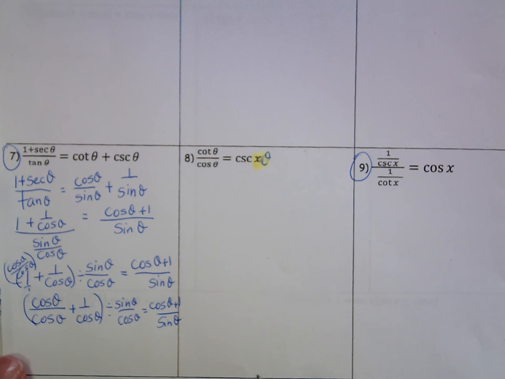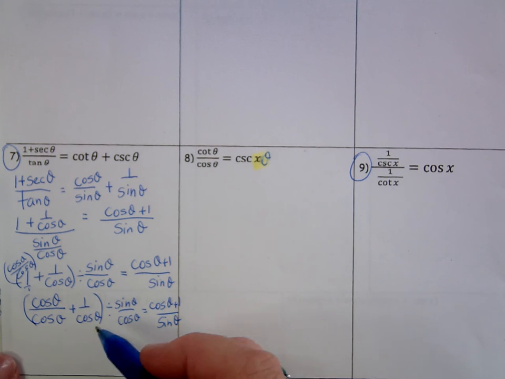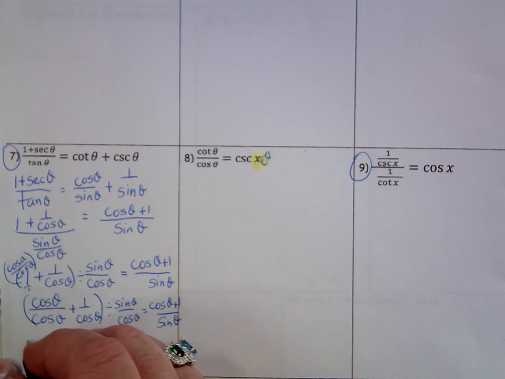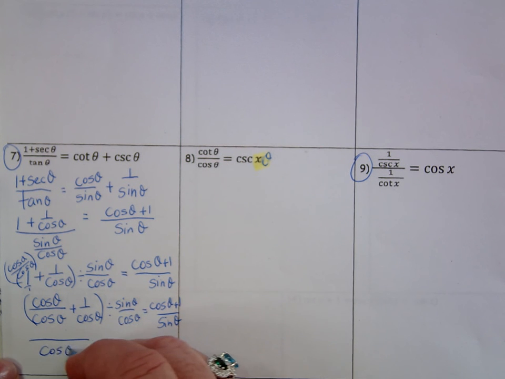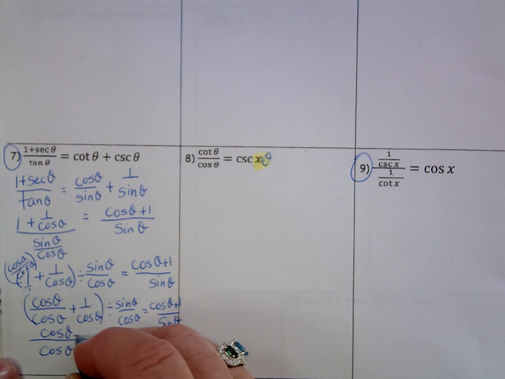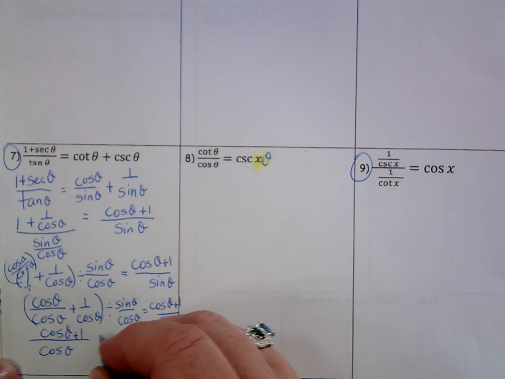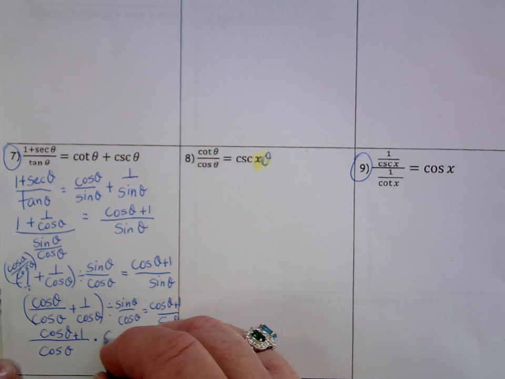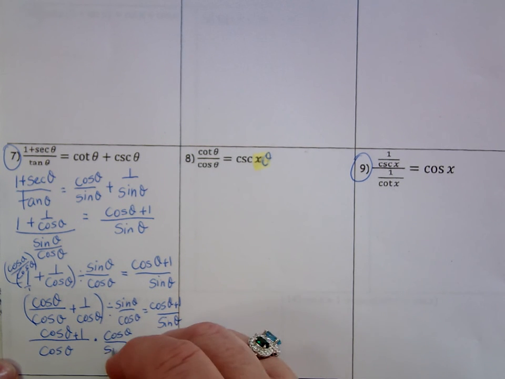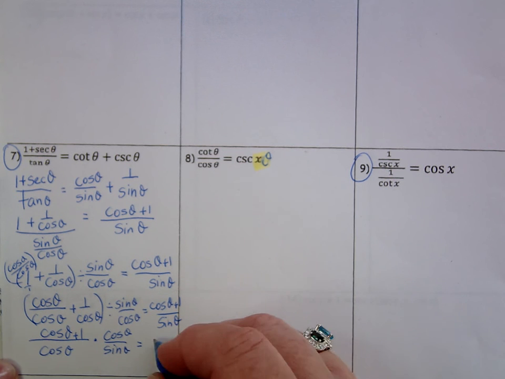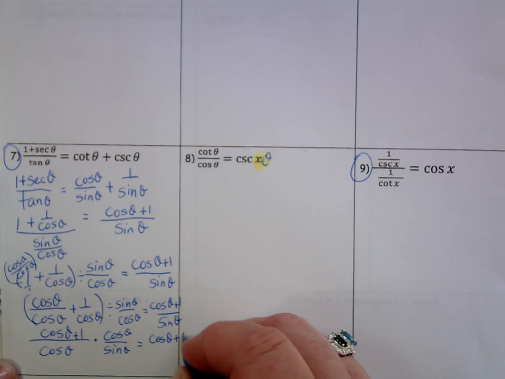All right, on the left, I have common denominator of cosine. I have a cosine of theta plus 1 on top. That's this whole parenthesis thing. I'm dividing, so I'm multiplying by the reciprocal. Does it really equal this? I don't know quite yet.